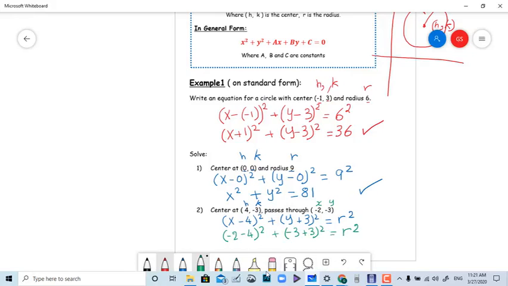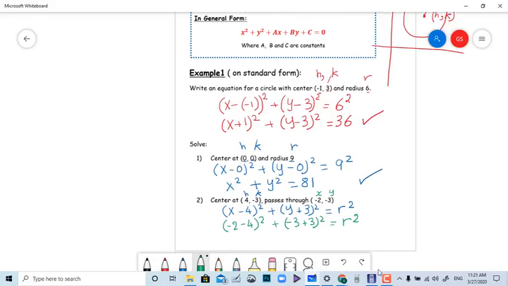Now we're going to calculate this very simply. -2 minus 4 is -6. -6 squared is 36, plus -3 plus 3 is 0.